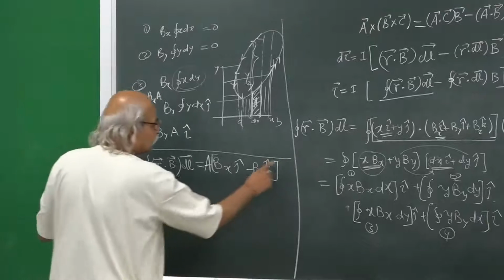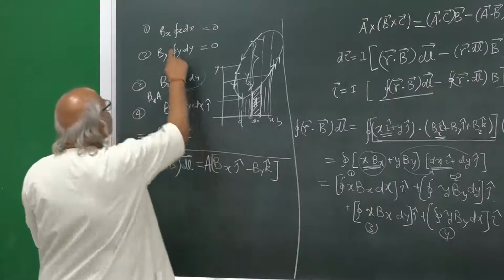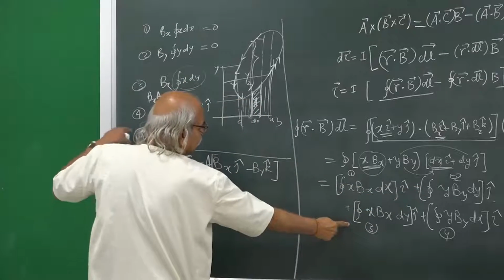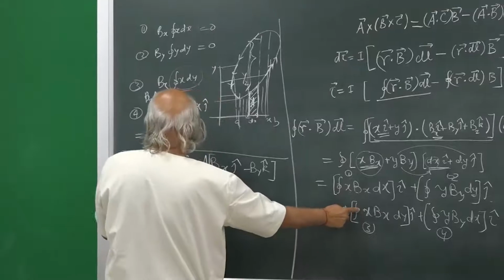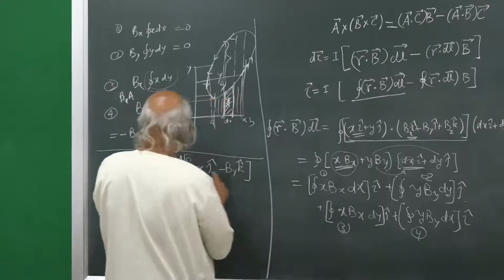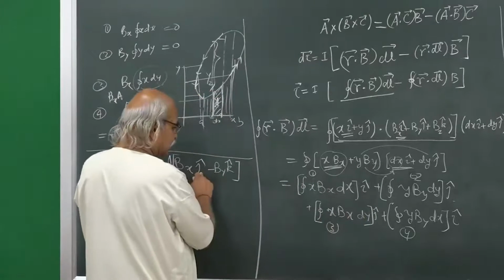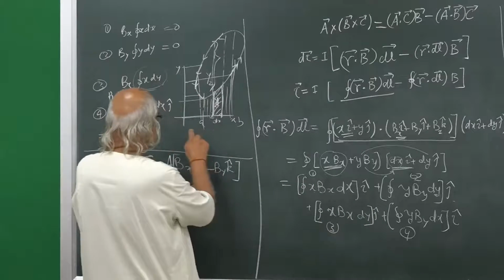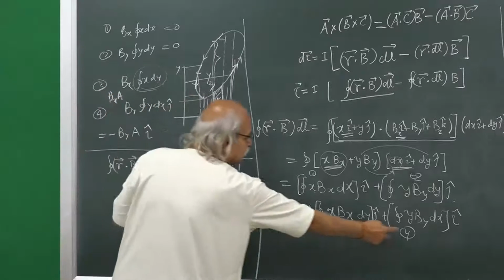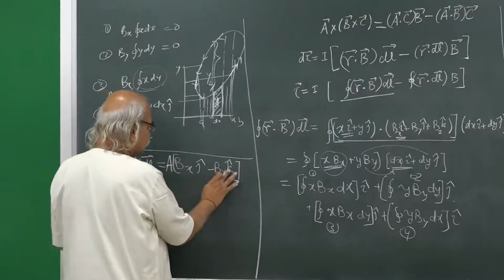So r dot b dl equals: 1 and 2 are 0, then this 3 is b_x, and x dy gives the area a, with j cap, and then this one is minus b_y, minus a b_y i cap.